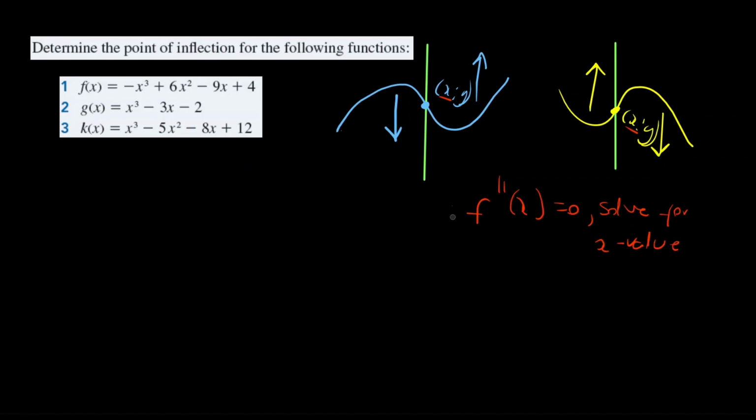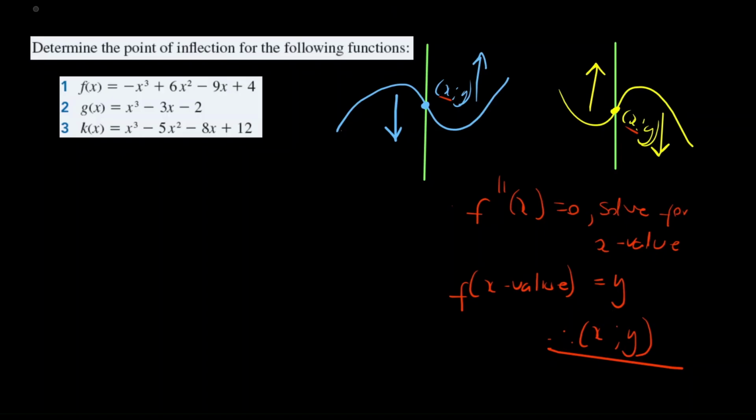In essence, solve for x. After solving for x, we substitute the x value we find into the original function, and this will allow us to calculate the y value. In that sense, we would have calculated the point of inflection in terms of coordinates.